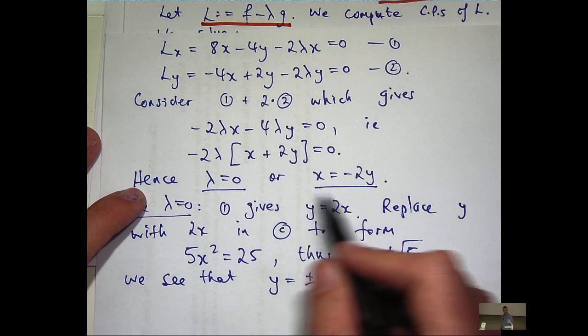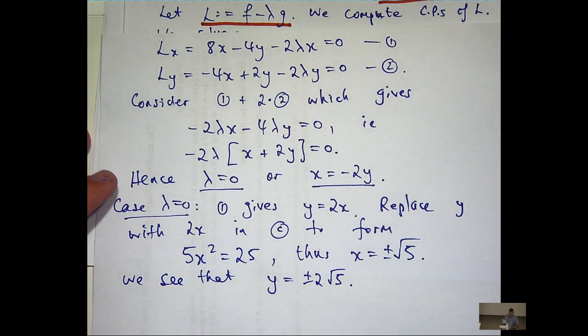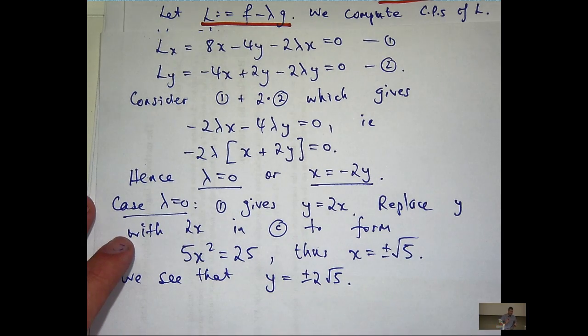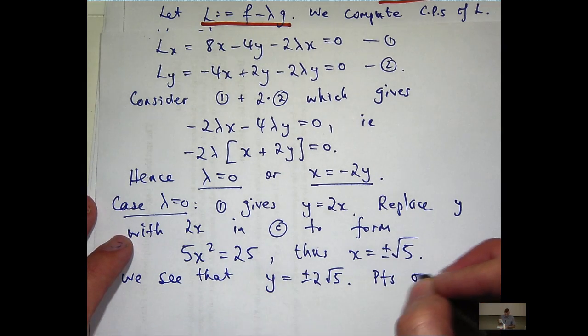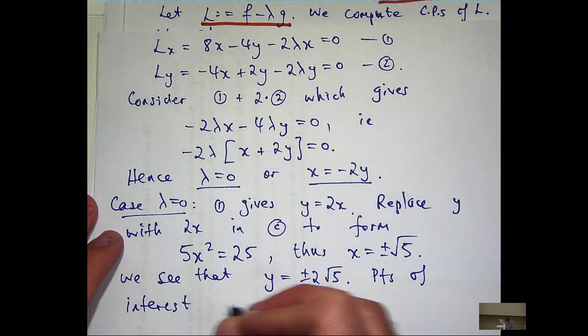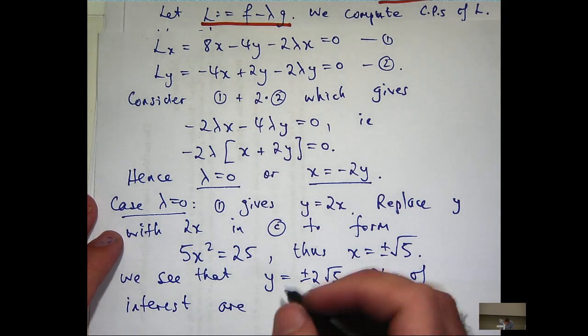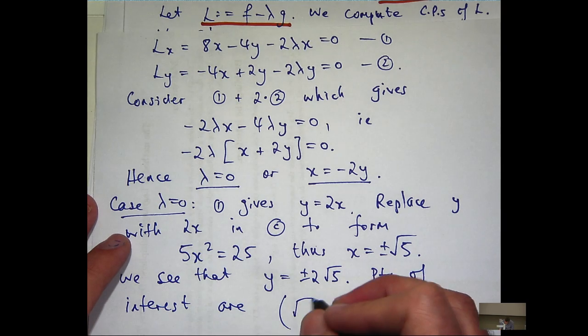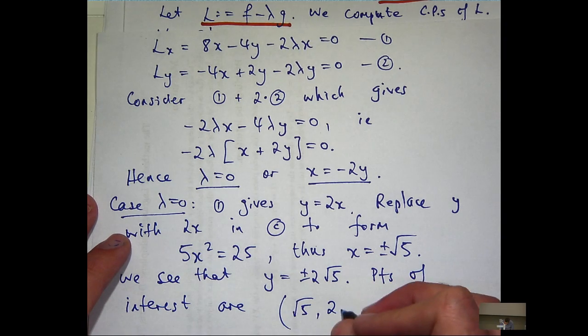Okay, so for the case lambda equals 0, our points of interest are, now the positives go together here, so we're not mixing up signs.